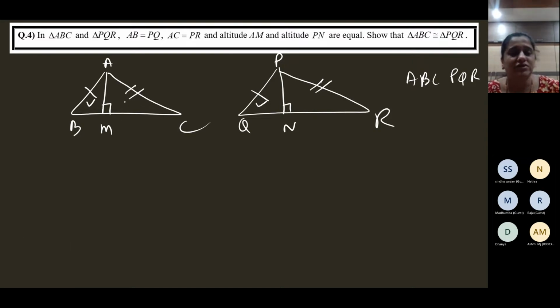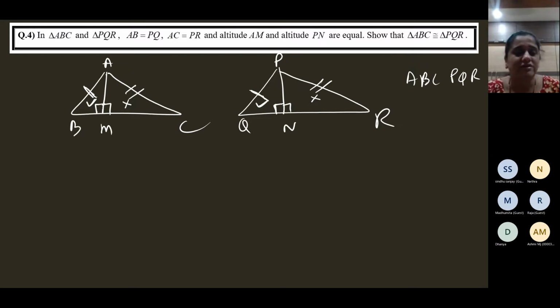I'm doing it fast. Please try to understand. Then you'll have to take up this triangle and this triangle, show that they are congruent. Now, when you take up these two triangles, what will you get? One right angle you have in both the triangles. Then hypotenuse equal because it's given.